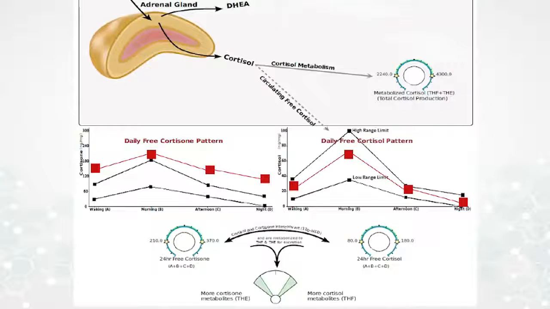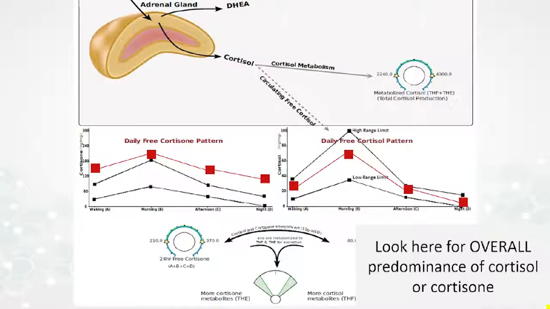So if we look at this particular situation, the cortisol is lower than the cortisone. So we've got a lot of activity in that kidney region that's deactivating the cortisol to cortisone, and then it goes throughout the body. But if we want to know overall which one predominates, we look at the metabolites.